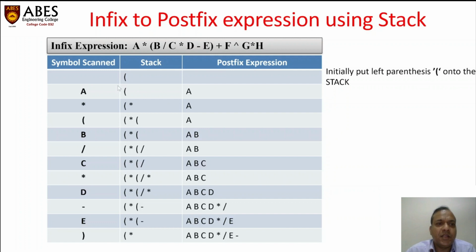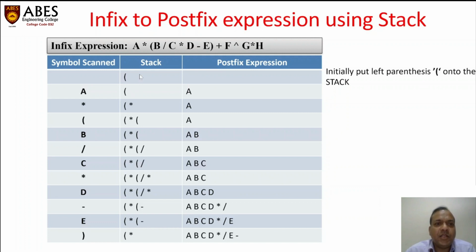In this example we can see A star left parenthesis B divided by C star D minus E right parenthesis, then plus F, then power G star H. We have to convert this expression to postfix expression.